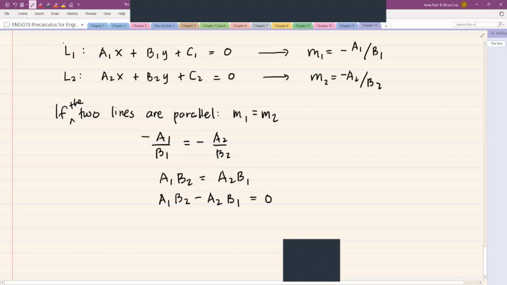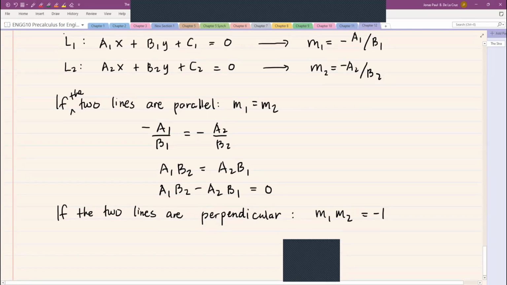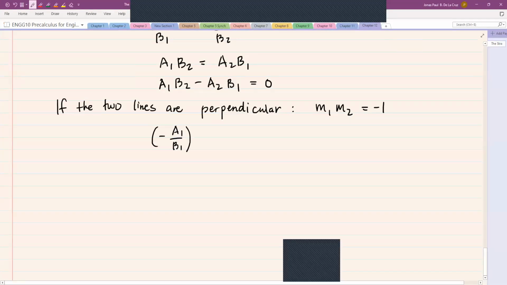Okay? Pero kapag perpendicular naman, if the two lines are perpendicular, okay, so ano naman yung relationship ng kanilang slope? M1 times M2 should be equal to negative 1, tama? So, i-substitute natin yung mga values ng M1 and saka M2. So, we have negative A1 over B1 multiplied by negative A2 over B2 is equal to negative 1.